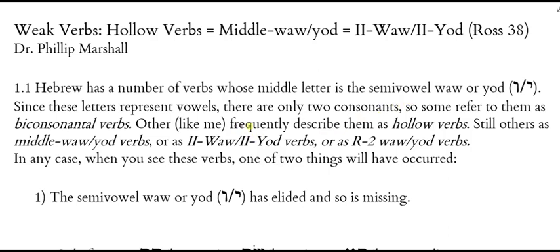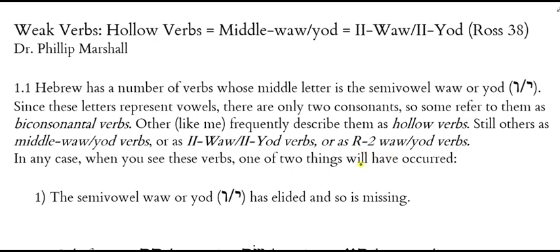Since these letters represent vowels, there are really only going to be two consonants in these verb forms that we're looking at, and so these are referred to by some grammarians as biconsonantal verbs. Others, like me, frequently describe them as hollow verbs, and still others as middle vav or middle yod verbs, or as two vav, two yod verbs, or even as R2 vav or R2 yod verbs.